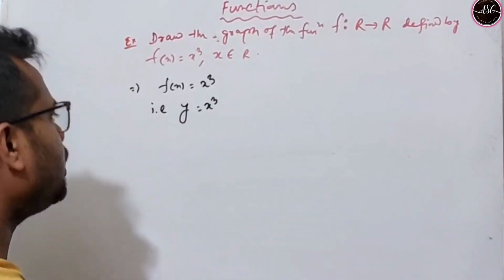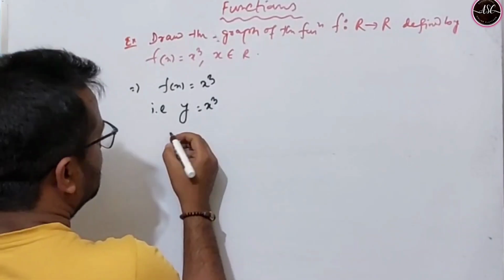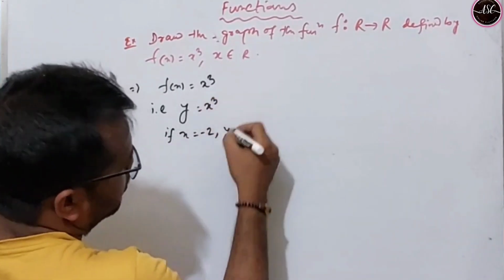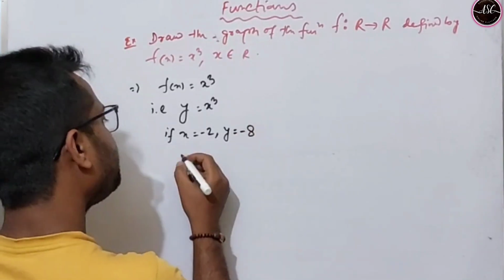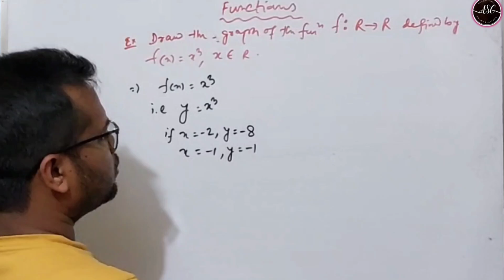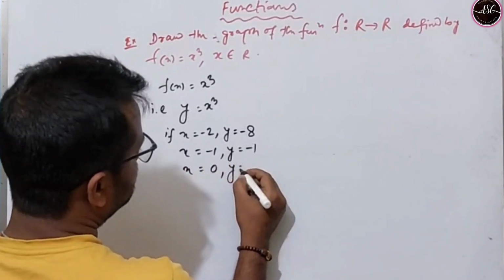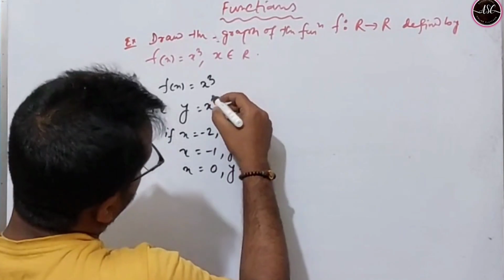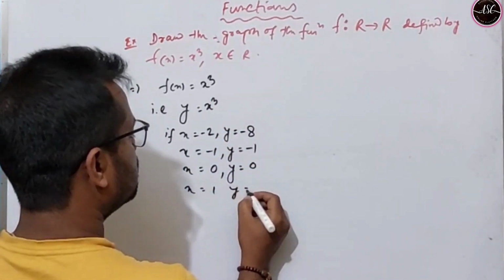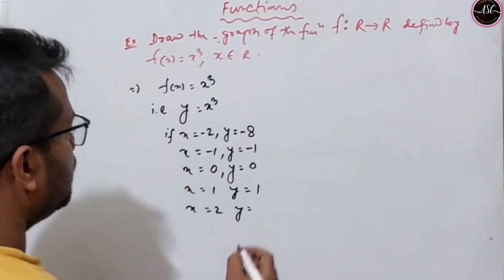Now putting values of x from R. If x equals minus 2, then y equals minus 2 cube, that means minus 8. If x equals minus 1, then y equals minus 1. If x equals 0, y equals 0. Then x equals 1, y equals 1. If x equals 2, y equals 8.